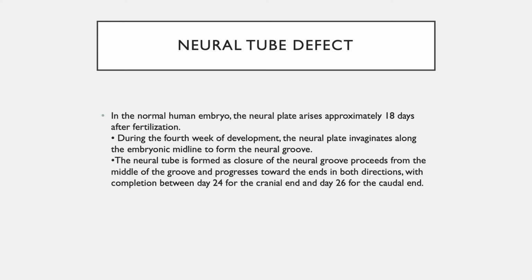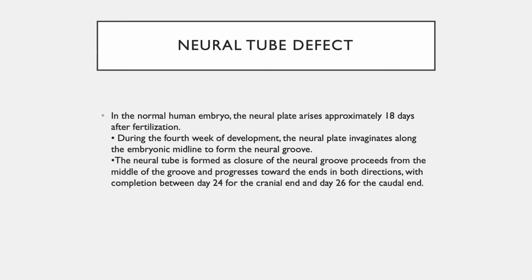First of all, it is related to the neural tube defect. The neural tube of the embryo arises approximately at 18 days after fertilization. During the fourth week of development, the neural plate invaginates along the embryo midline to form the neural groove.